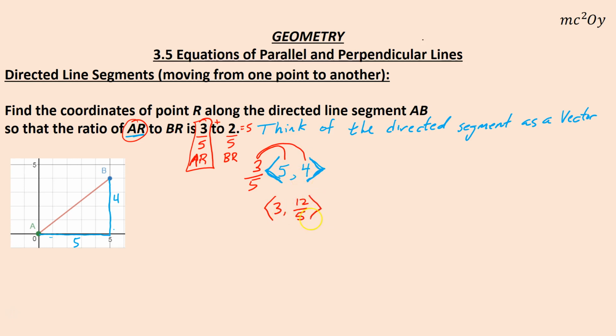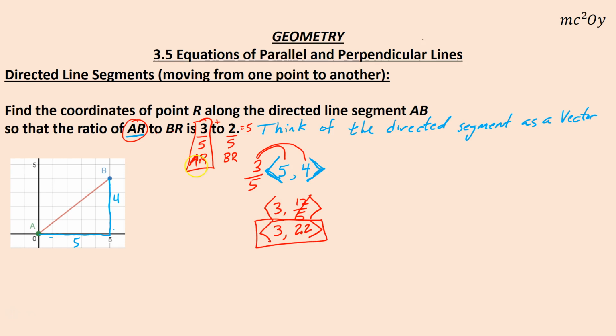For those of you who don't like fractions, this one actually terminates into a decimal. So if you feel better about it, you could call that 2.2. Or you could leave it as 12/5. For the sake of what we're doing, I'm going to call it 2.2. Okay? So we have the vector 3, 2.2. Now that is not the actual answer, but we're very close to it.